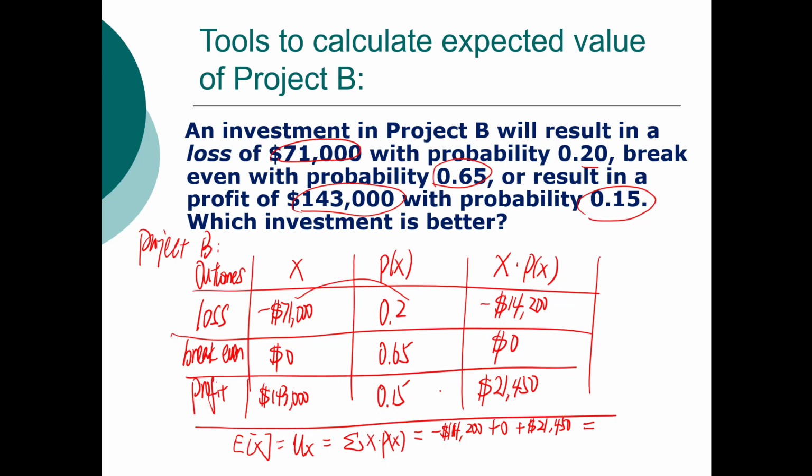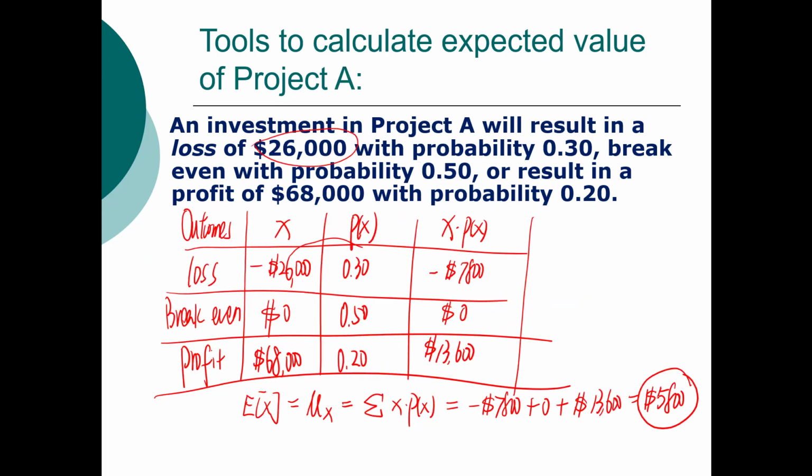Let's see what that is. So 21,450 minus 14,200 turns out to be 7,250. So this is the average return.